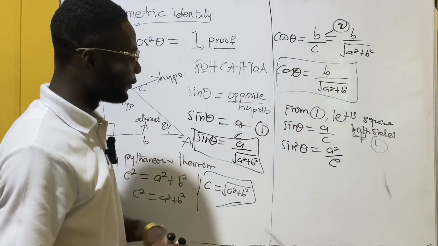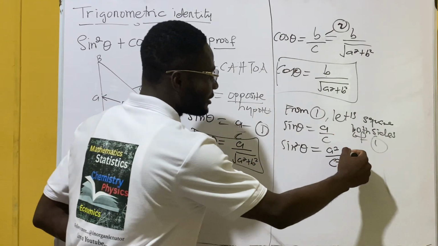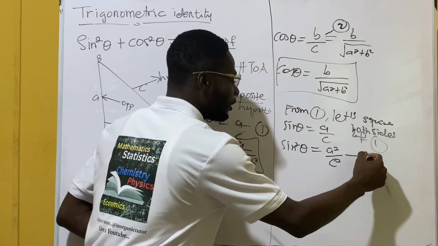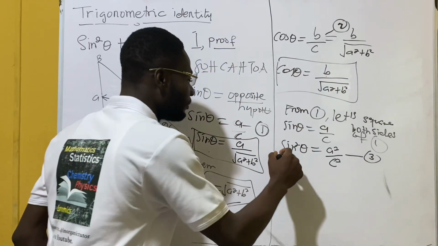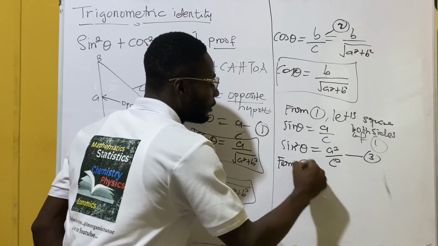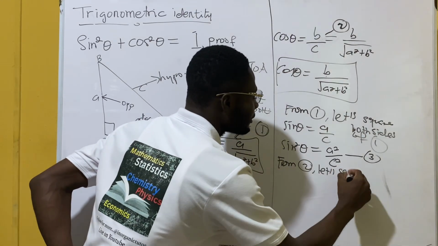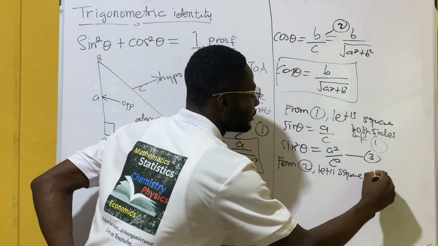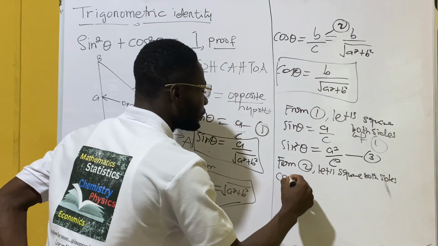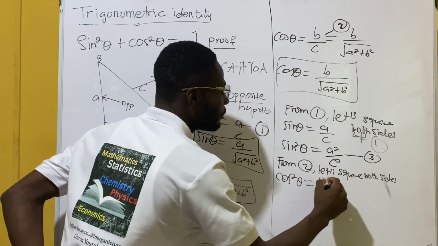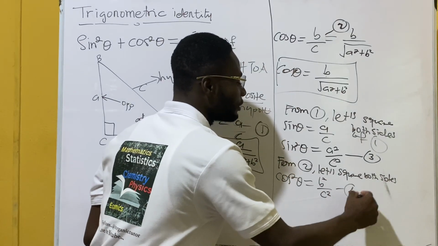So let's consider this as equation 3. And also from equation 2, let's do the same work by squaring both sides, right? So when we do that, we are going to have cos squared theta equals B squared over C squared. We consider this as equation 4.